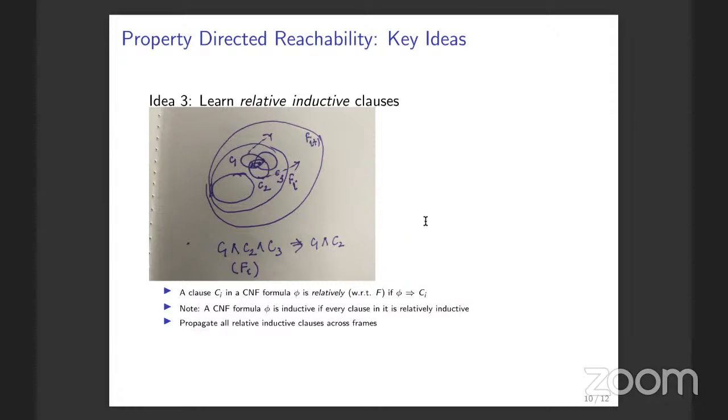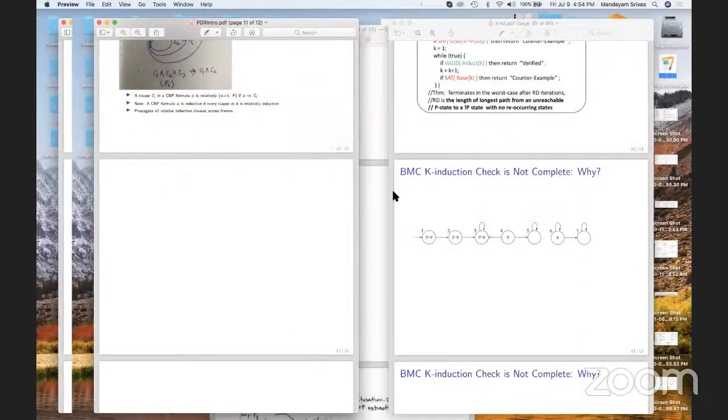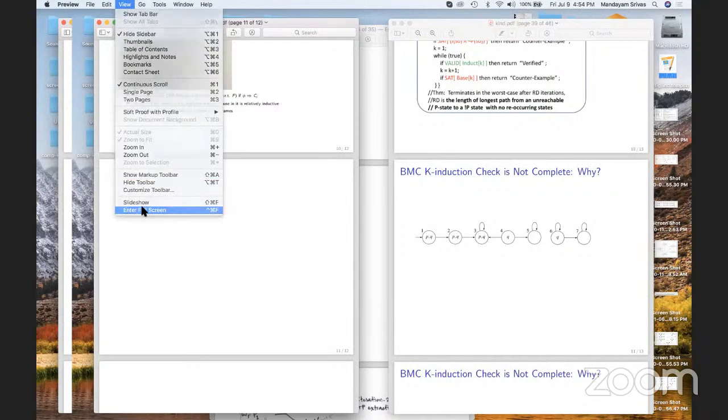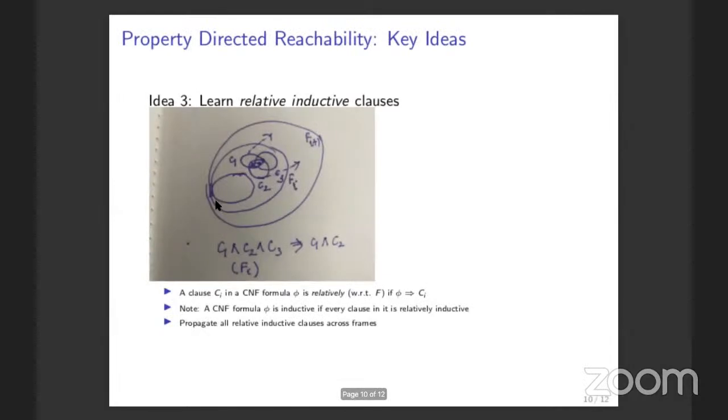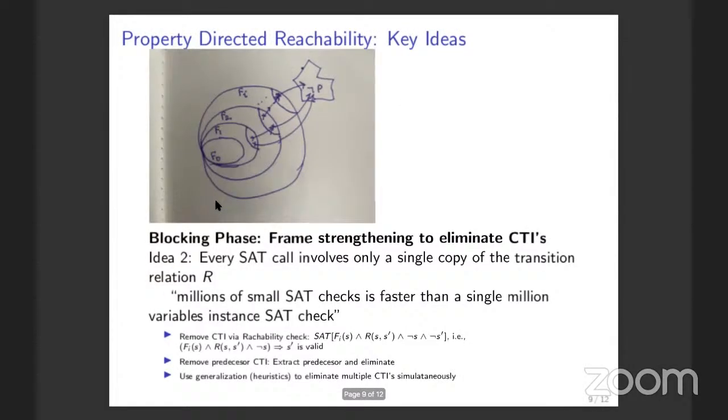I have a slight question. Here, this representation of the frames is by some SAT CNF formulas, right? Can we do that by BDDs? Is that in any way better or worse? As in keep them as BDDs? No, because they're using SAT solvers.